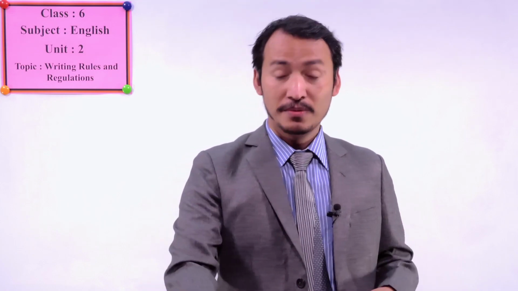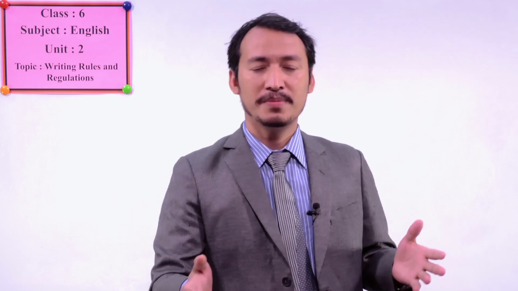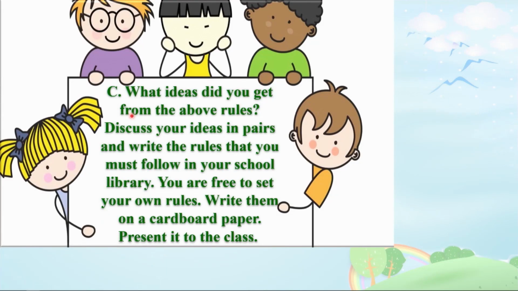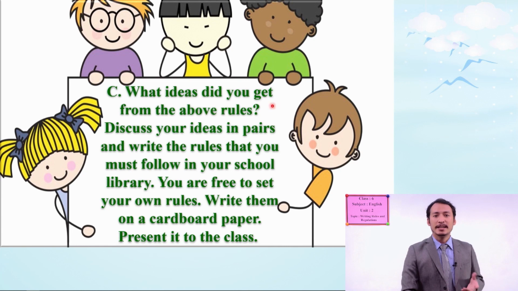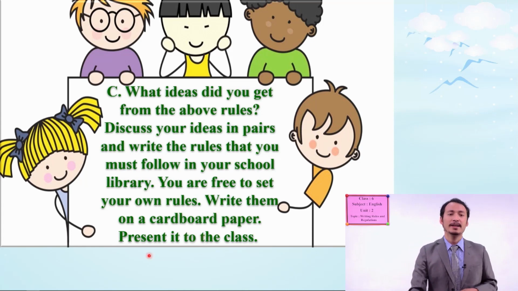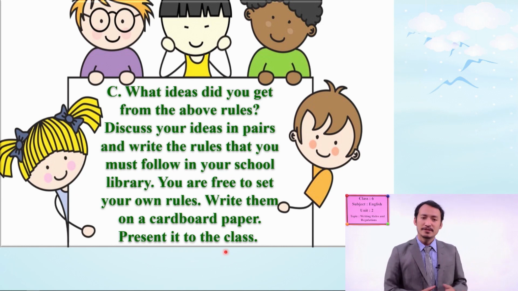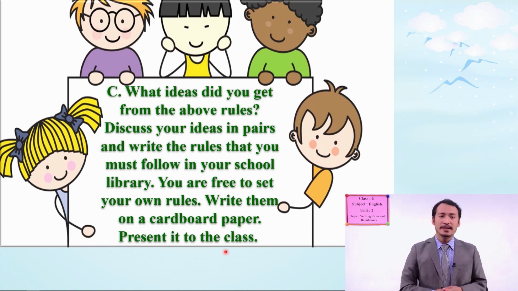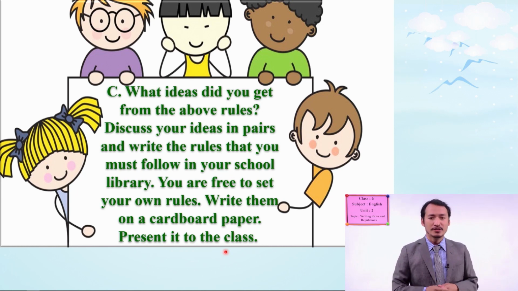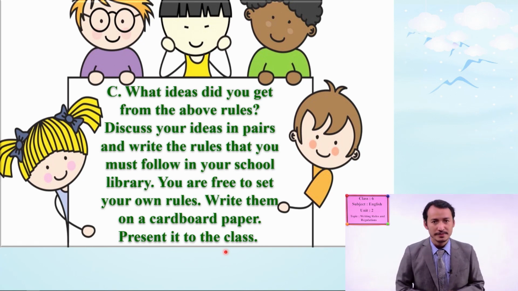So as we have already talked about, the task that we have is to get the ideas from these rules, and you have to discuss in pairs and write the rules that you must follow in your school library. You are free to set your own rules, write them on a cardboard paper and present it to the class. Okay, students, here on the exercise C, you are asked to write library rules.